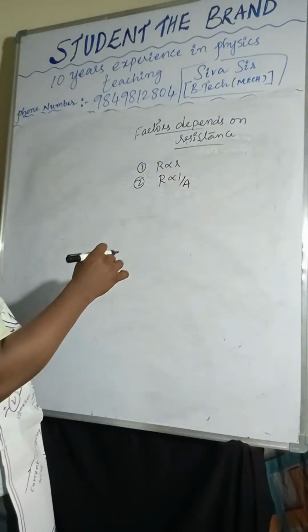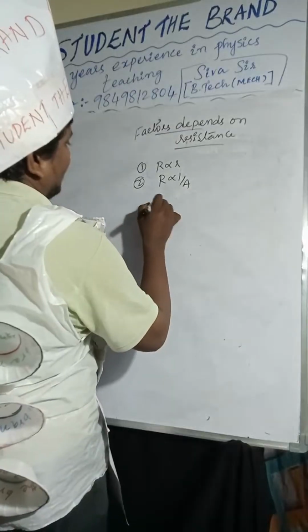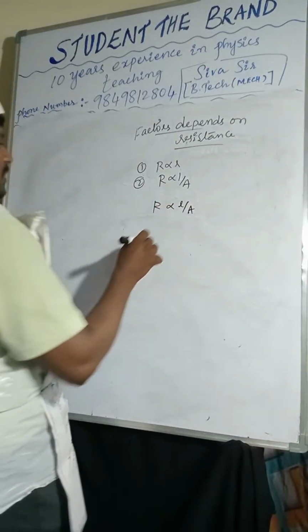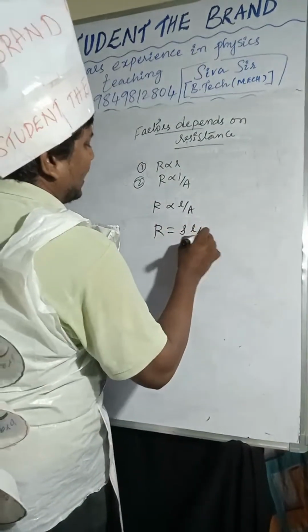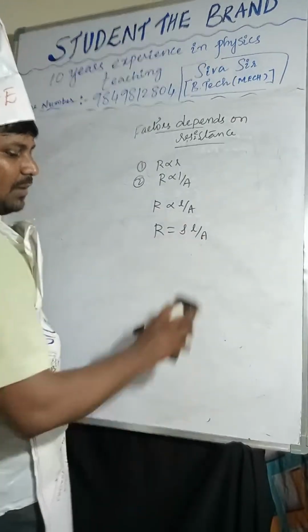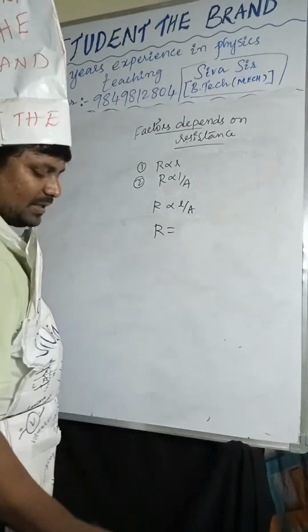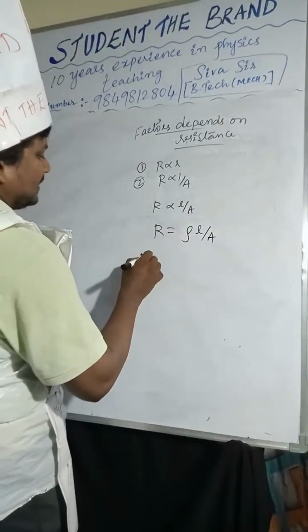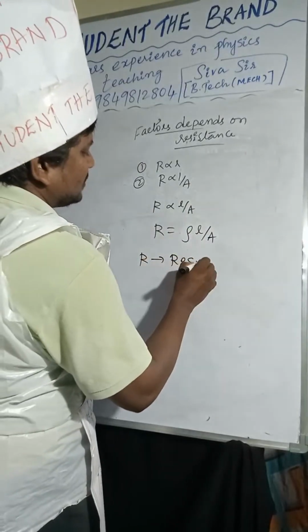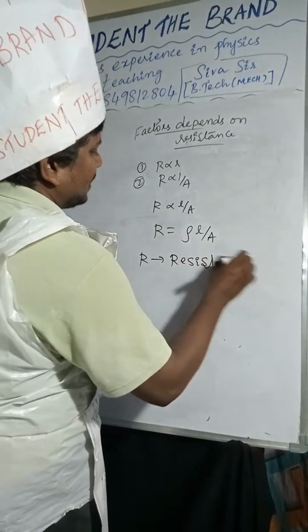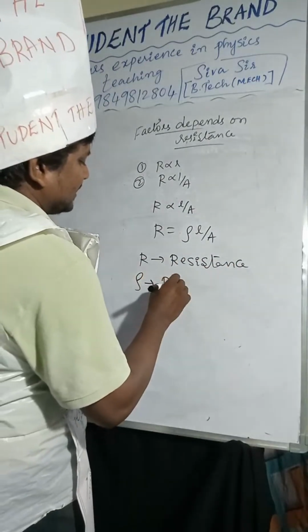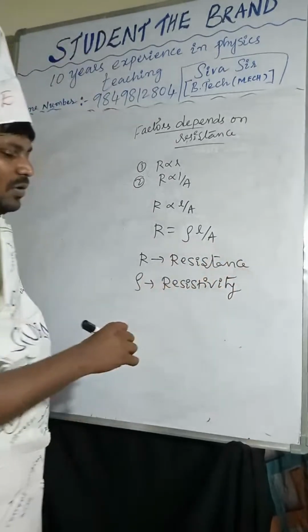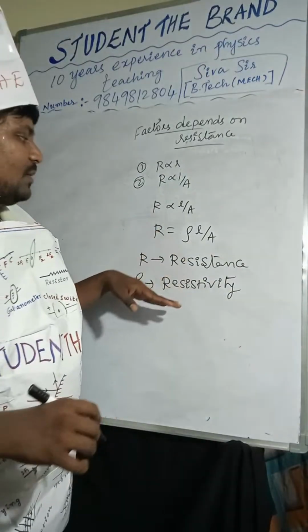R is directly proportional to L by A. R equals rho into L by A. Here R is the resistance and rho is the resistivity.